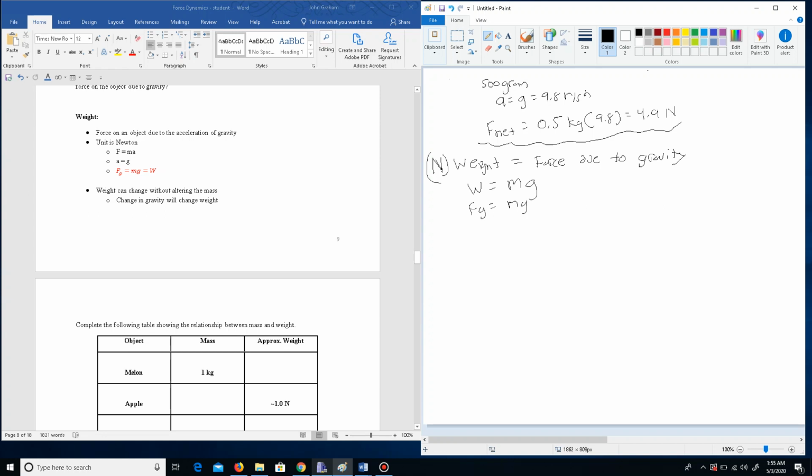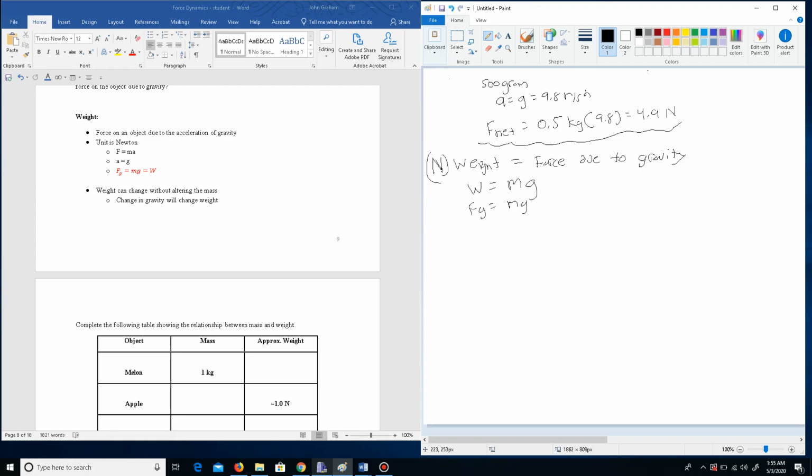The weight can change without altering the mass. If we go to a different planet, or you go up in space, really, really high, your weight changes a little bit. The farther you get away from the core of the Earth, the less gravity you have, and it will change your weight without changing your mass. If you become a different weight, you still have the same mass.